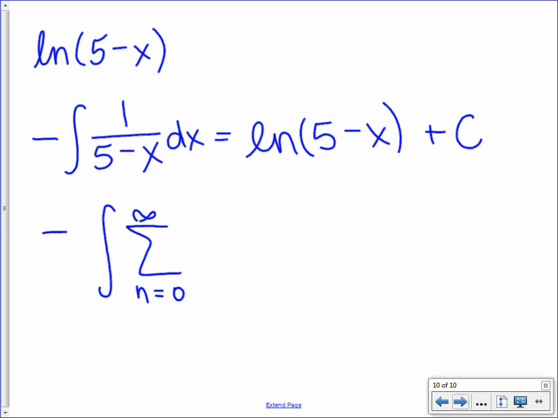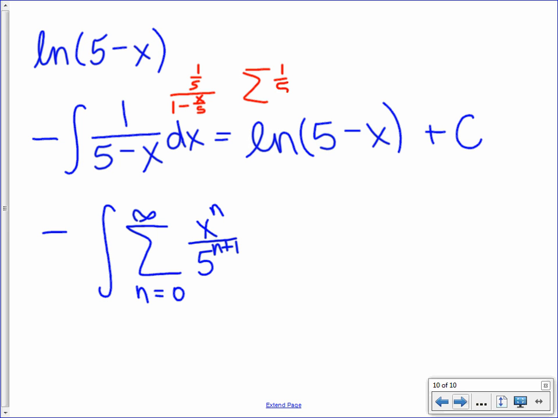Andrew, what's your power series representation? x to the n over 5 to the n plus 1. We agree? Because we have to divide everything by 5, we would have 1/5 over 1 minus x over 5.